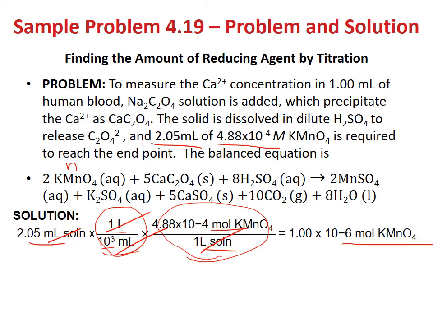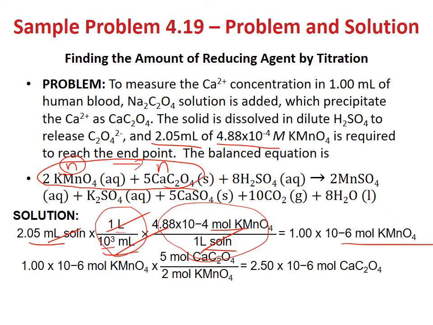Now using the moles of potassium permanganate, we want to calculate the moles of calcium oxalate using stoichiometry. So here is the moles of potassium permanganate, and then the conversion factor: 2 moles potassium permanganate is equivalent to 5 moles calcium oxalate. So moles of potassium permanganate cancel, giving you moles of calcium oxalate.